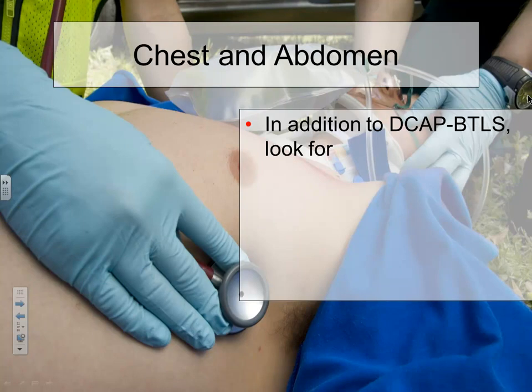Chest and abdomen. DCAP BTLS, we're looking for paradoxical motion. What is crepitation? Sounds creepy, doesn't it? It's the sound of bone ends crunching against one another. If you're palpating something and you hear that crunching sound, that's crepitation.